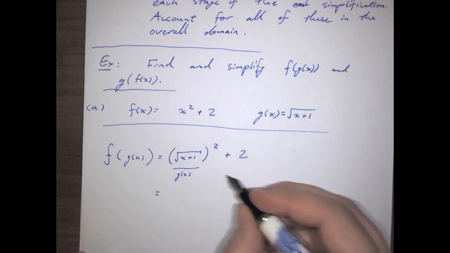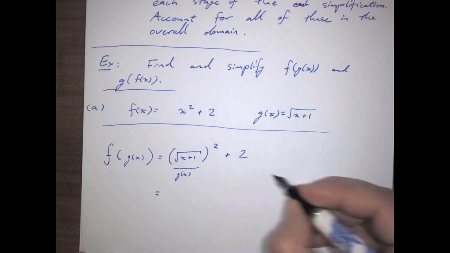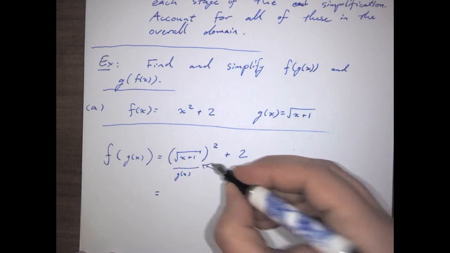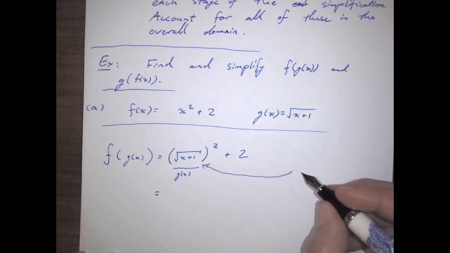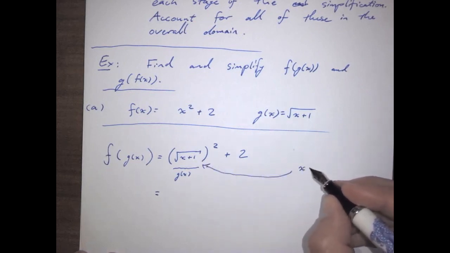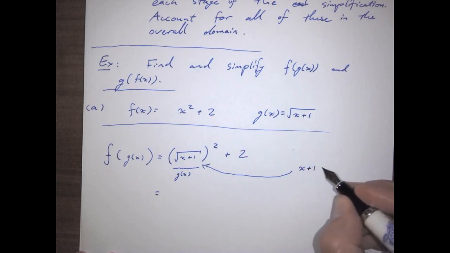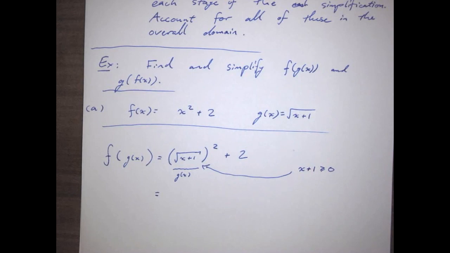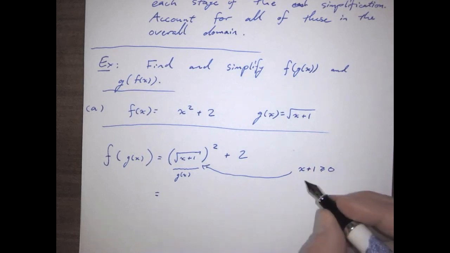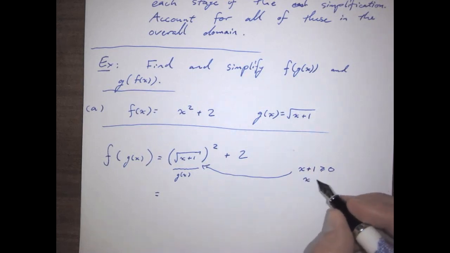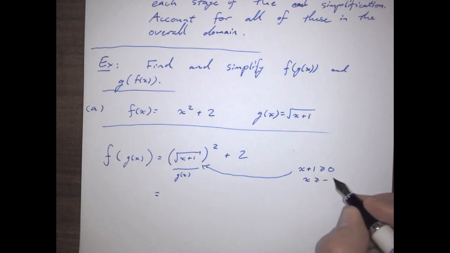Now, prior to doing any simplification, you watch out for the forbidden values that would get in the way of the domain. In particular, x plus 1 has to be greater than or equal to 0, otherwise the square root is not going to be defined. That in turn means that x is going to be greater than or equal to negative 1; we subtract 1 from both sides.